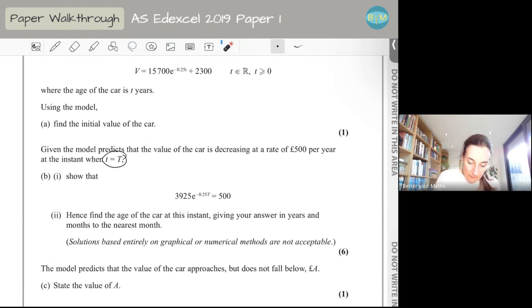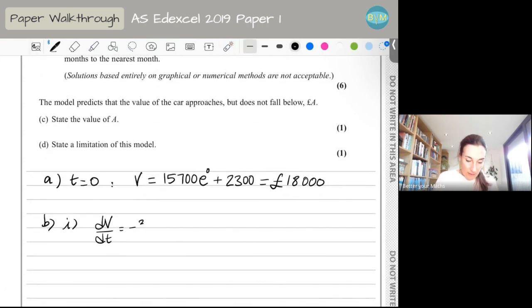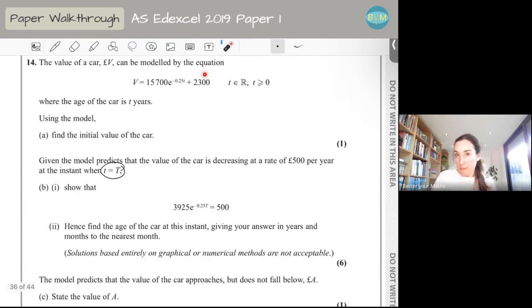So I have this negative 0.25 multiplying the 15,000. So this is equal to minus 3,750 e to the power of 0.25 capital T, because they ask us at that particular time. And then the derivative of the second part is 0, because it has no t.